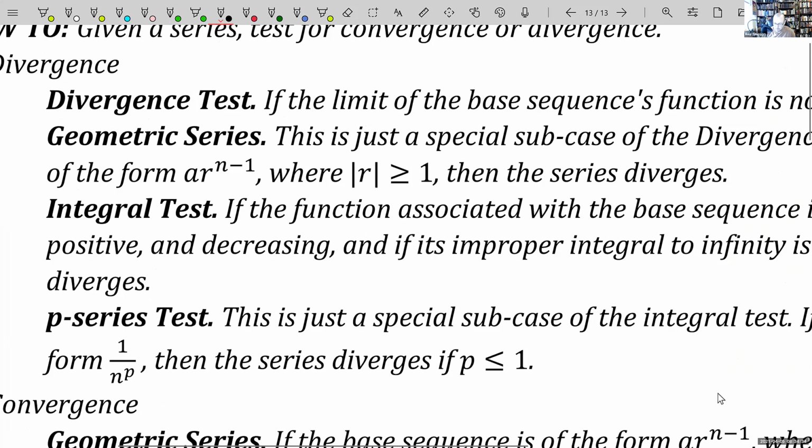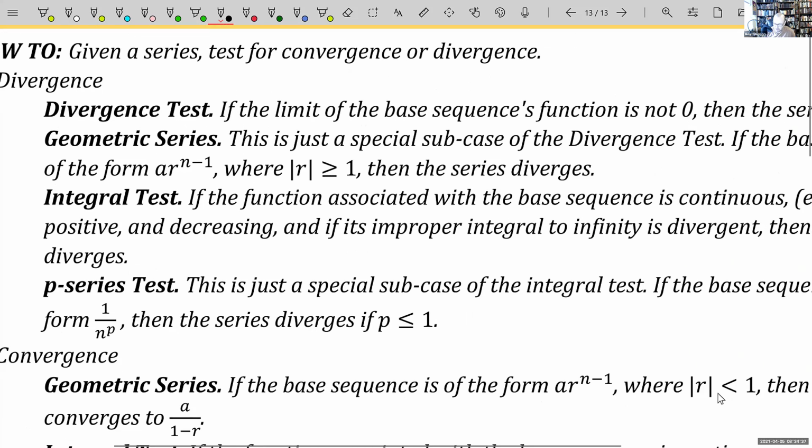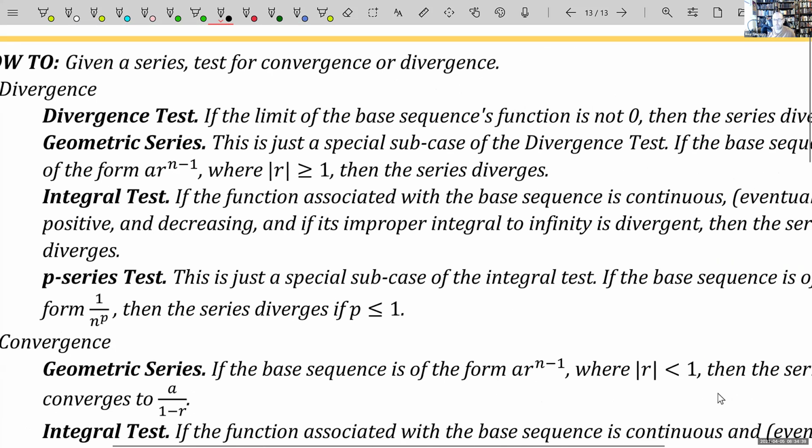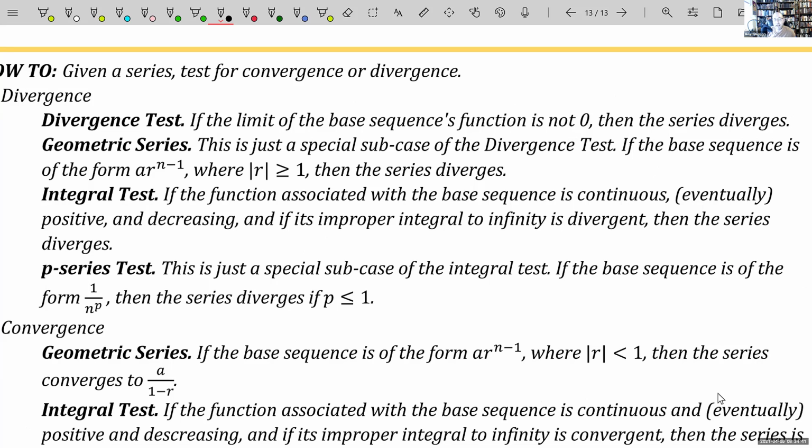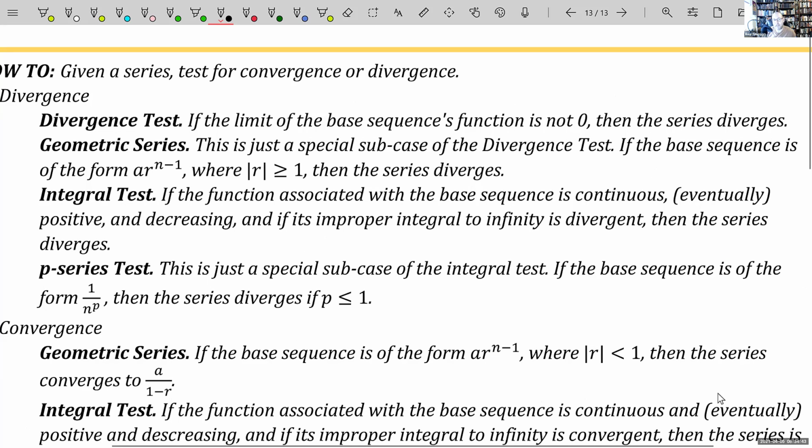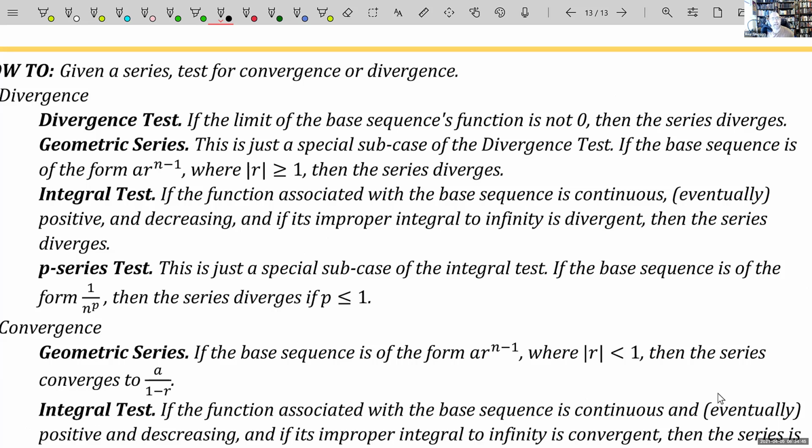If the limit of the base sequence's function is non-zero, then the series diverges. If you can't use the divergence test to showcase divergence, then, well, if you have a geometric series, then you know that it's going to diverge if the common ratio is greater than or equal to 1.